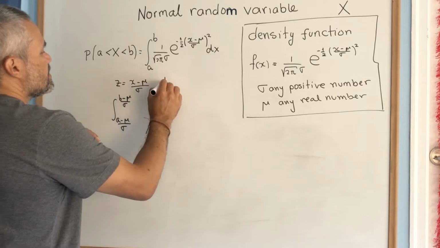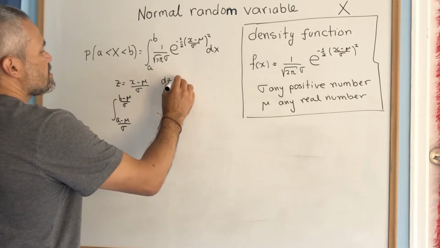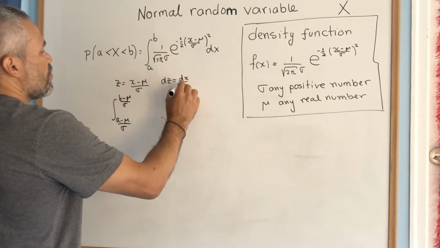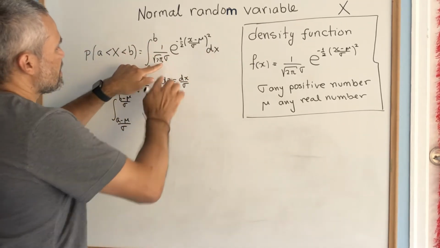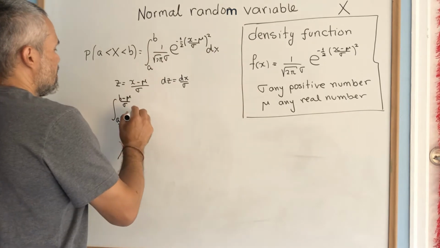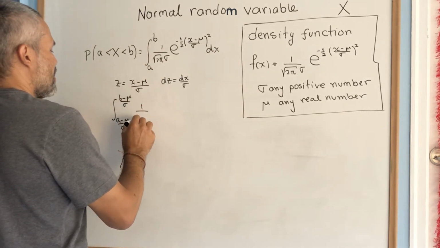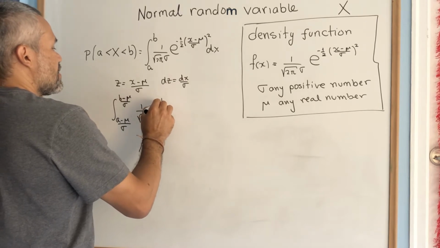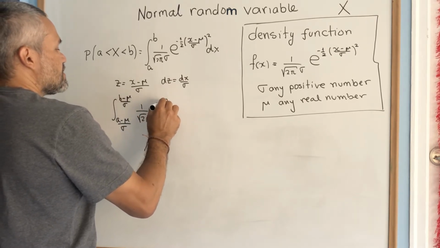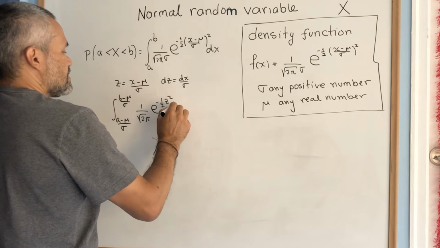And here dc is just dx over sigma. As before, this is dx over sigma. That means that this part becomes dc, and then you get 1 over the square root of 2 pi, e to the negative 1/2 c squared dc.